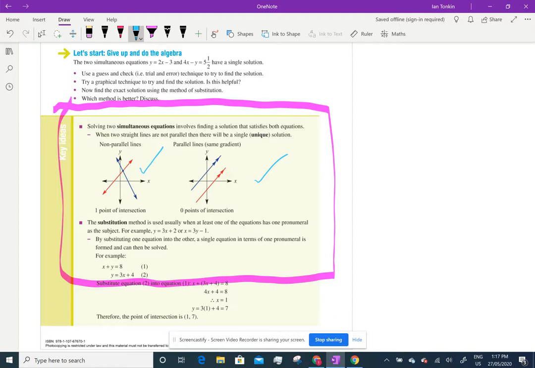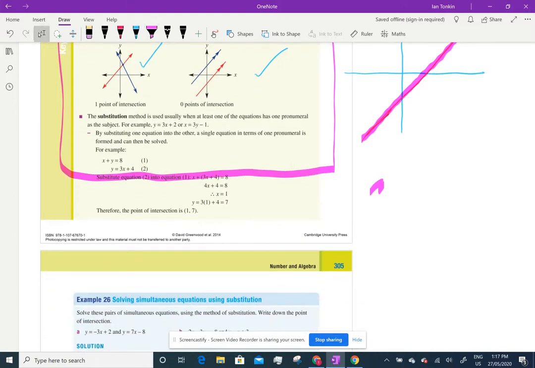Or there may be a third case, as I did in the previous one, where you have two equations that are in fact the same equation, just written in a different form. In that case, you'll get an infinite amount of solutions. So one solution, no solutions, or an infinite amount of solutions if they're the same line.